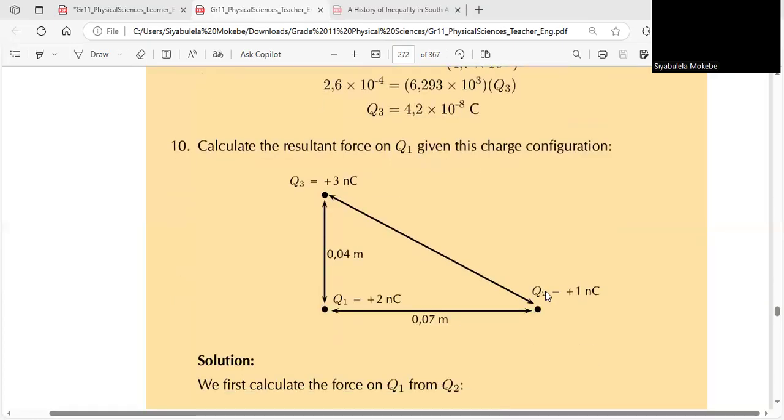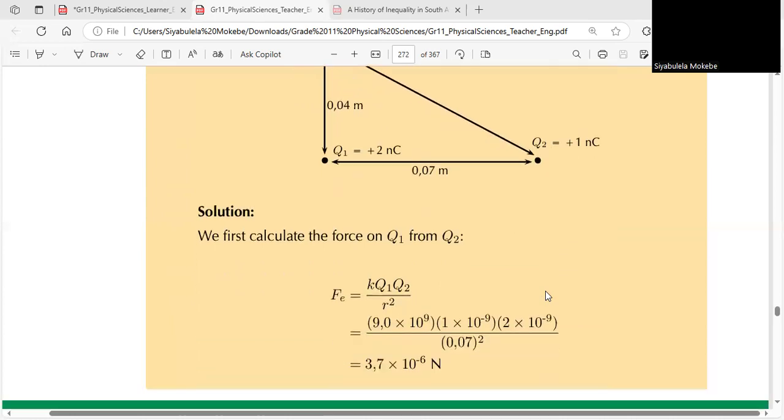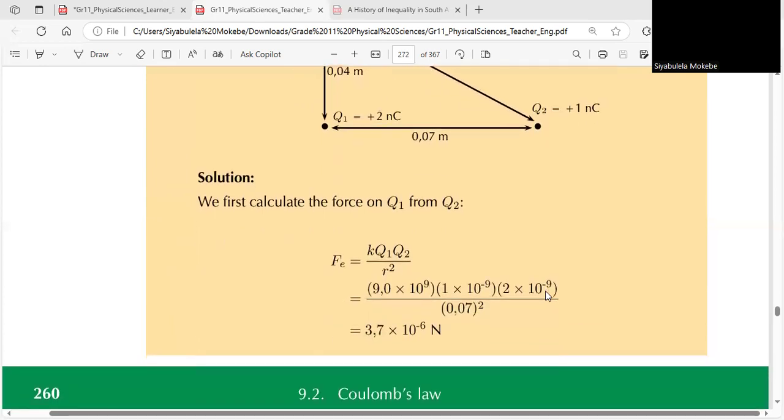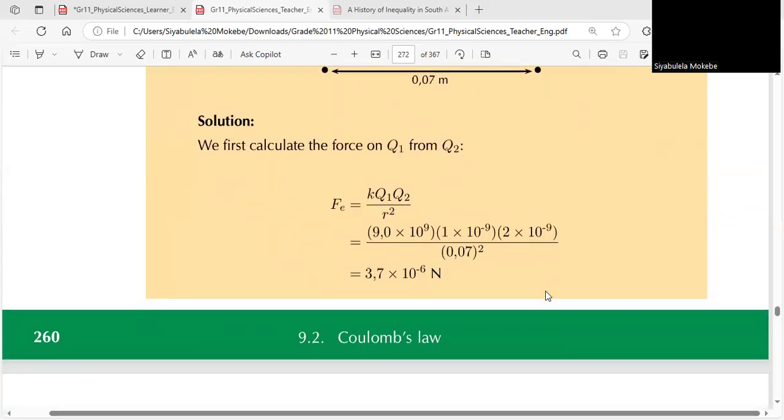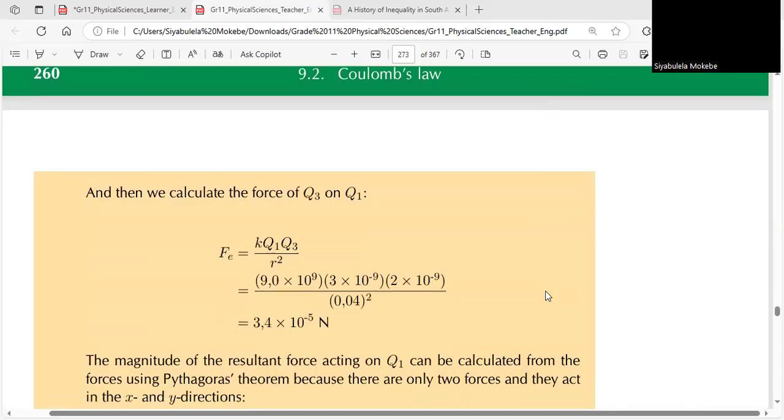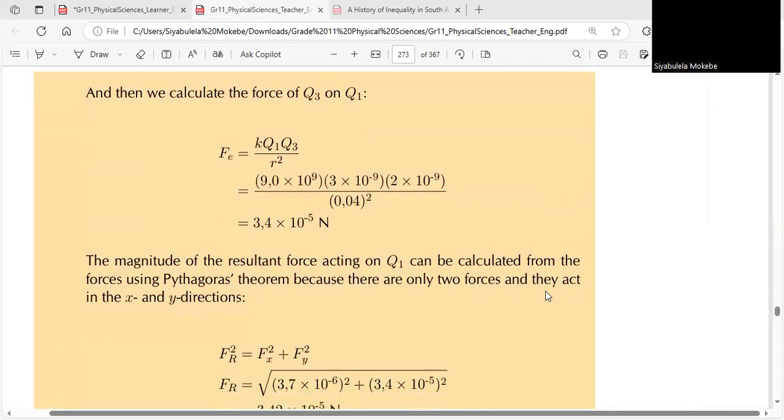Then for number 10, we first calculate the force on Q1 from Q2, get it, and then we calculate the force of Q3 on Q1, and we get it as well.